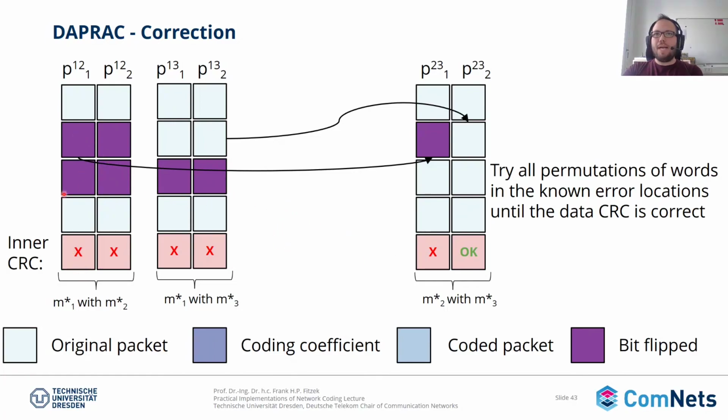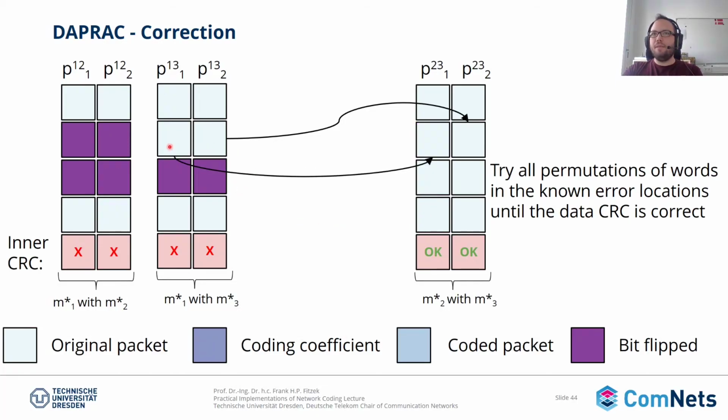So from this packet, we will put this symbol here, and we will put this symbol here. If we do that, and then we compute the CRC ourselves, we will see that the CRC here is correct, and the CRC here is not correct. So we know now that this packet was correctly decoded, but we'll still need to find how to decode this one.